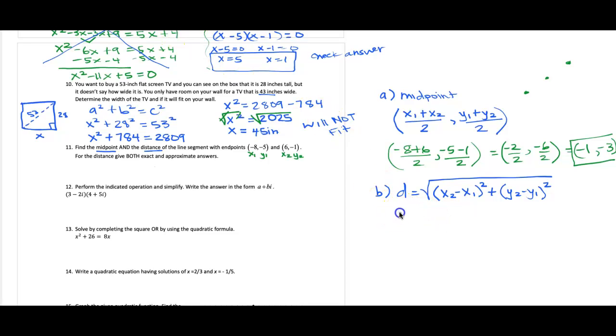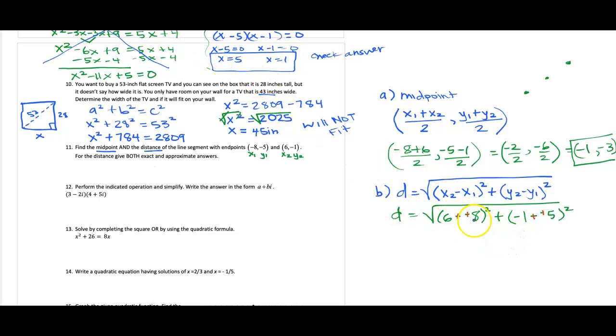So when we put those in there, we've got d equals the square root. So I've got 6. And then x1 is -8. So I'm doing minus a -8. So be careful with your negatives there. Squared. Plus y2, which is -1. Minus y1, so minus a -5 all squared. Okay, well, if I'm subtracting a negative, I'm really adding these together, right? So I'm going to rewrite it like this.